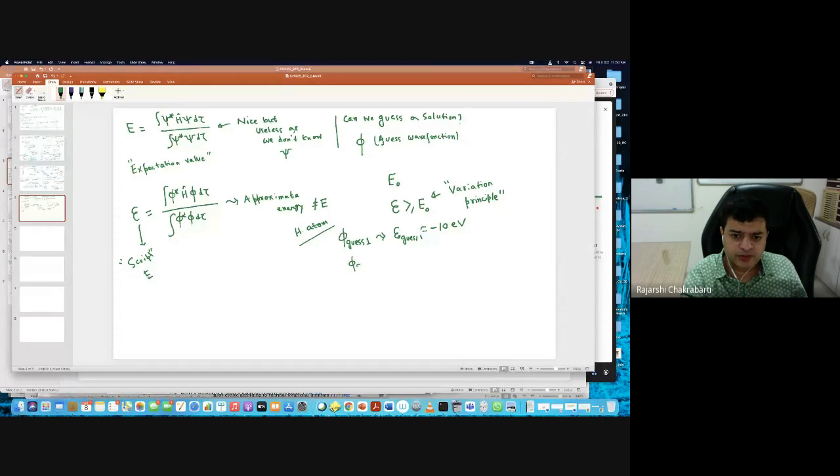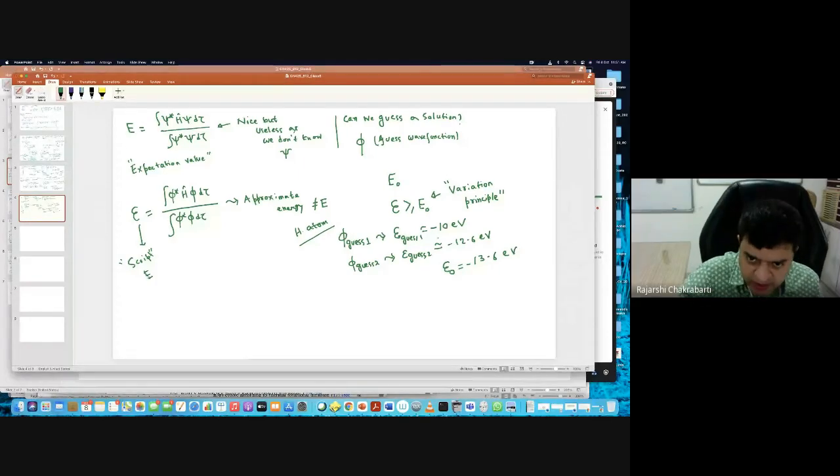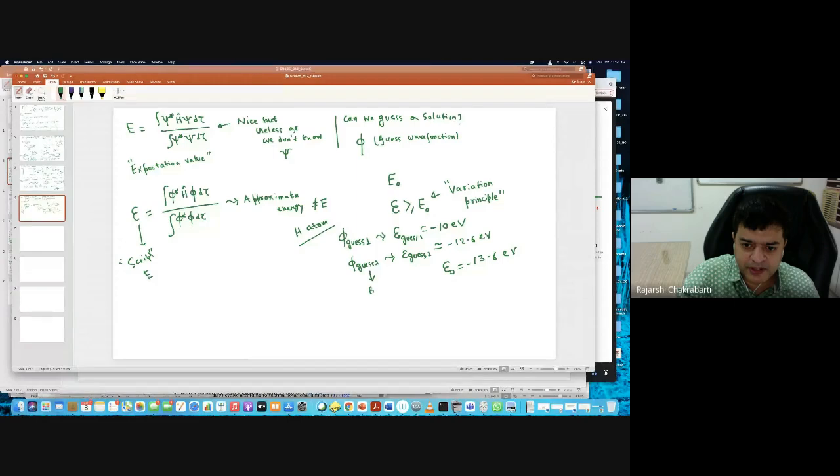And phi guess 2 is something else you have guessed, and you calculate this energy: minus 12.6 electron volt. You know that E naught exact is 13.6. So which one is better? Phi guess 2 is the better guess, isn't it? We'll come to the variation principle later.